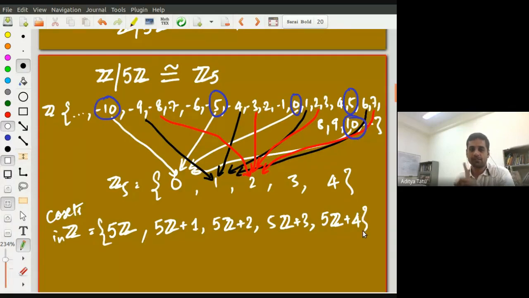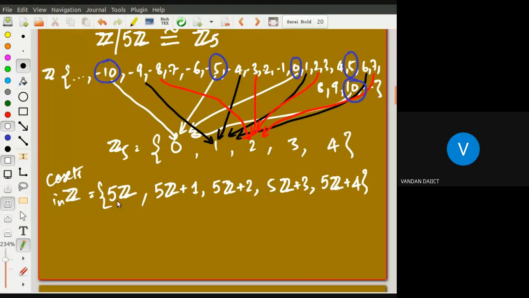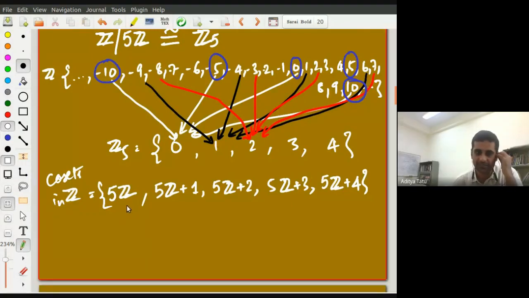Okay, so first of all, realize that cosets in Z are not Z5. I hope this makes sense. So the quotient group in Z of the subgroup 5Z is what we have just written down here, right? 5Z plus 1, 5Z plus 2, 5Z plus 3, 5Z plus 4.